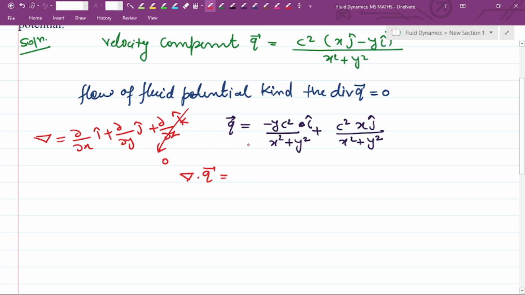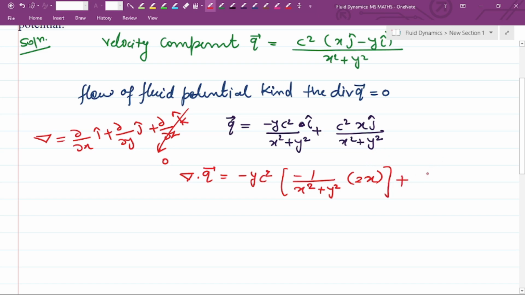So we have i cap into i cap, it will be 1, with derivative with respect to x. In this case, we'll have minus y and c square, which is constant for this, because we are partially differentiating with respect to x. So it will be minus 1 upon x square plus y square into 2x, okay, the derivative of x square is 2x, plus 0.